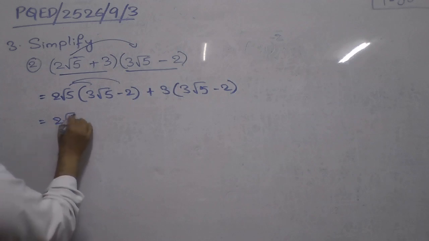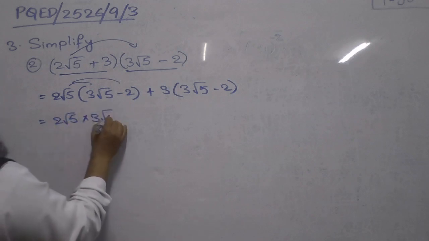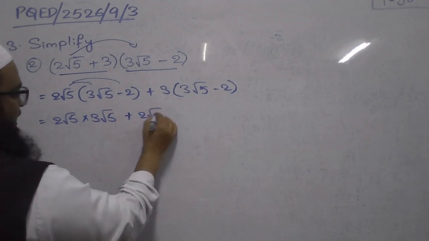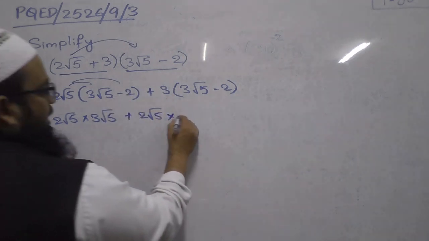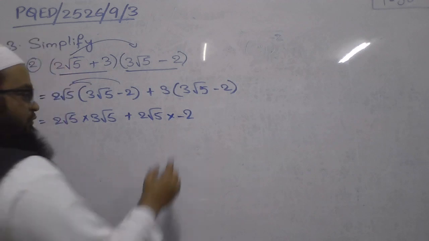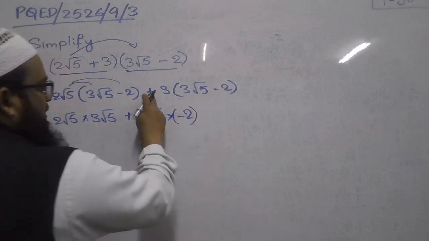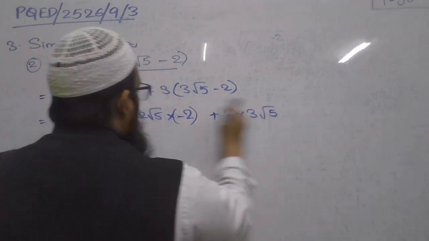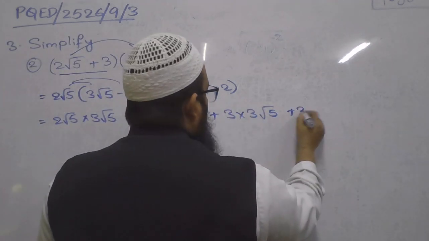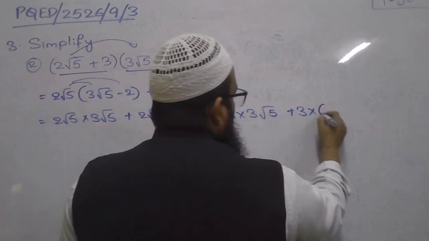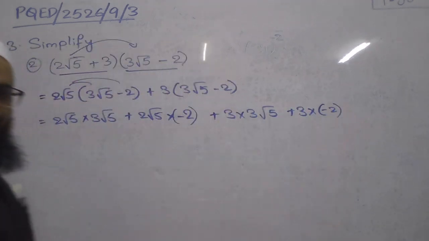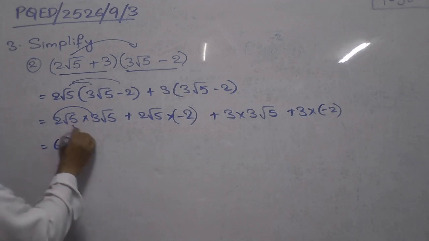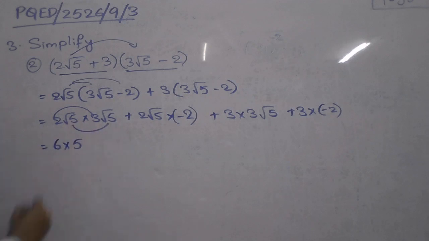2 root 5 multiplied by 3 root 5, and plus 2 root 5 multiplied by minus 2. Understood? When you have multiplication by minus 2, keep it in brackets. Plus 3 times 3 root 5, and plus 3 times what you are multiplying with? Minus 2. Understood? So now, can you write it as 2 3s are 6 multiplied by root 5 into root 5, which is 5.